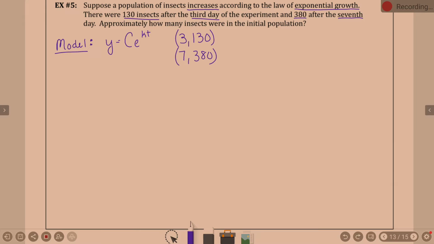Now, the problem we come into is, what is it asking? It's asking for the initial population, which really means it's asking for when, basically, at 0 days. Keep in mind, that's also asking for essentially the C value, isn't it?